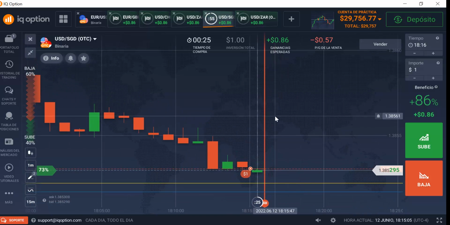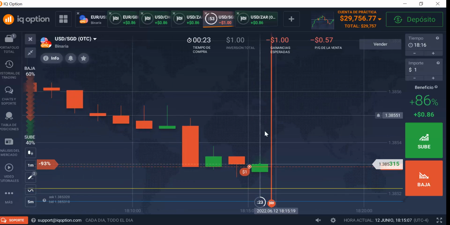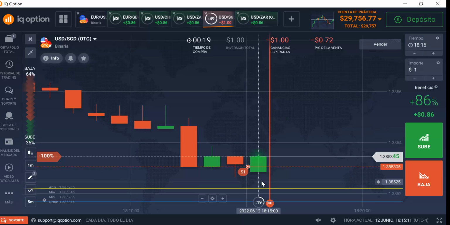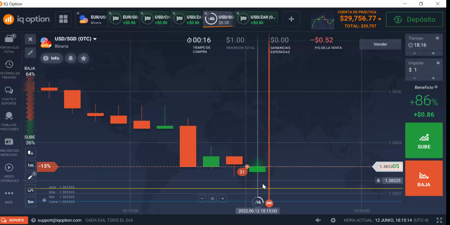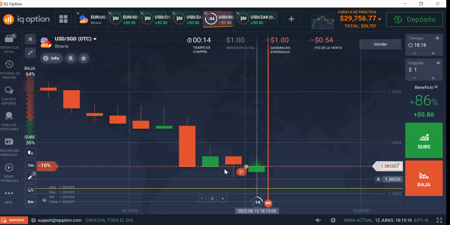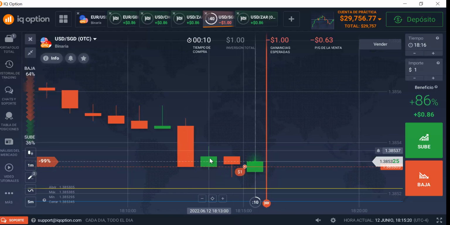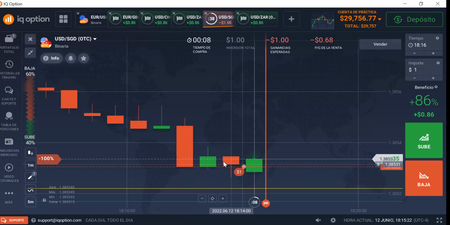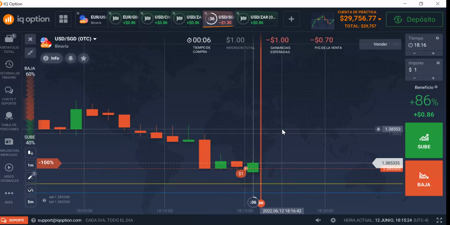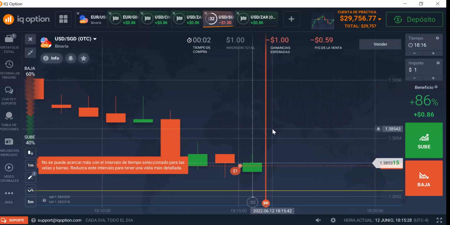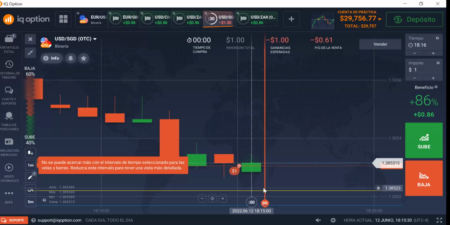Why do I take a lower option? Well, I thought that the market was gonna try to get to this area because after a big candle we have a green candle with rejection, then we have a red candle. So I thought that the market was going to go down at least to get to this point.